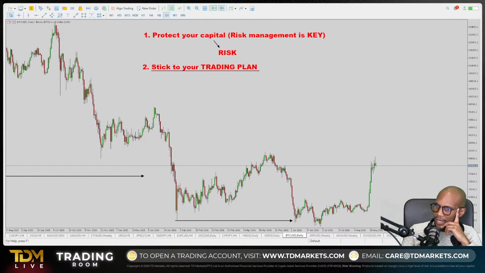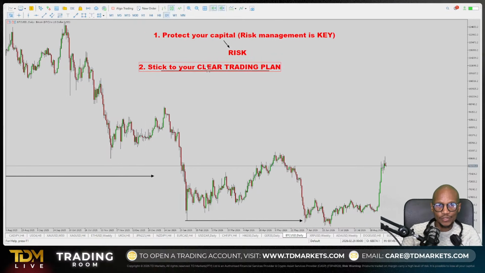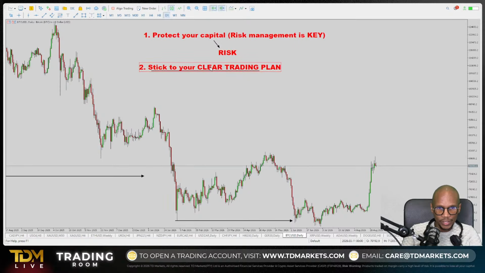What is a trading plan? Well, and also remember, your trading plan has to be clear. It has to be clear, guys. It has to be straightforward, has to be clear, has to be simple. You must stick to it. Think of a trading plan as a business plan.